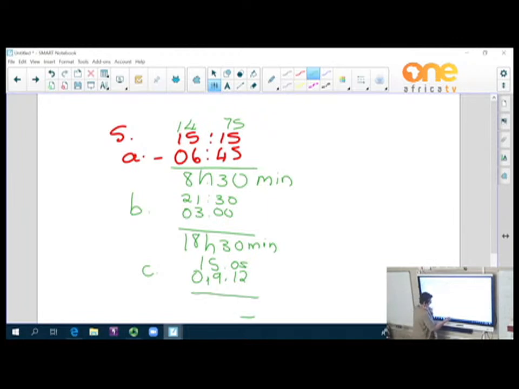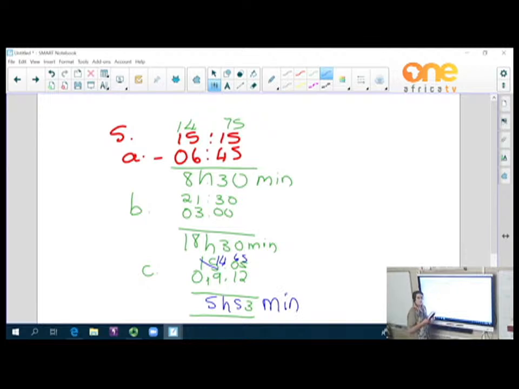So now we can subtract it there. This gives us 3. Again, we'll have to borrow an hour here. So this is then 65 minutes that you have there. So that's 5 hours and 53 minutes.